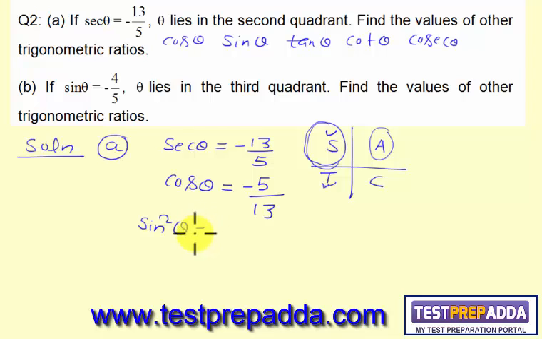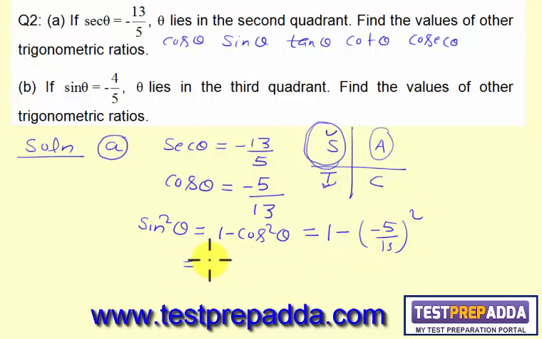sine square theta is equal to 1 minus cos square theta. Now substitute the value of cos theta here: 1 minus (minus 5 by 13) square.